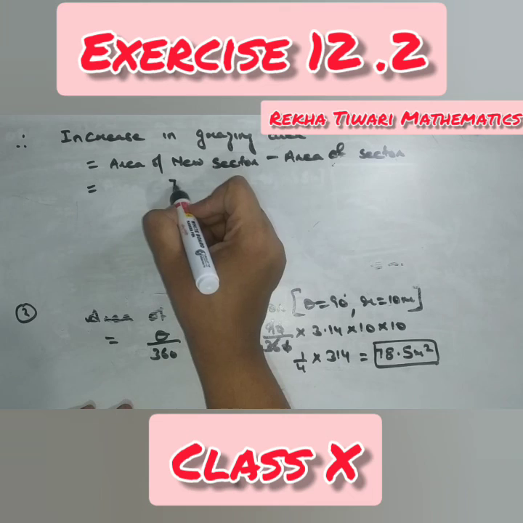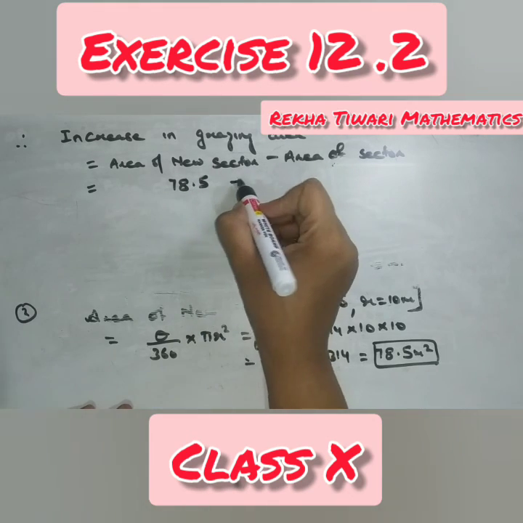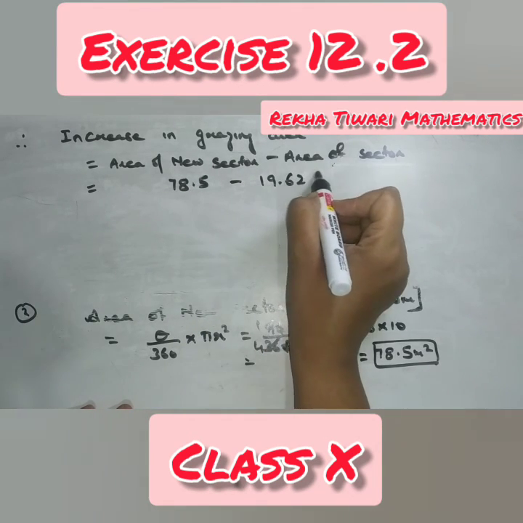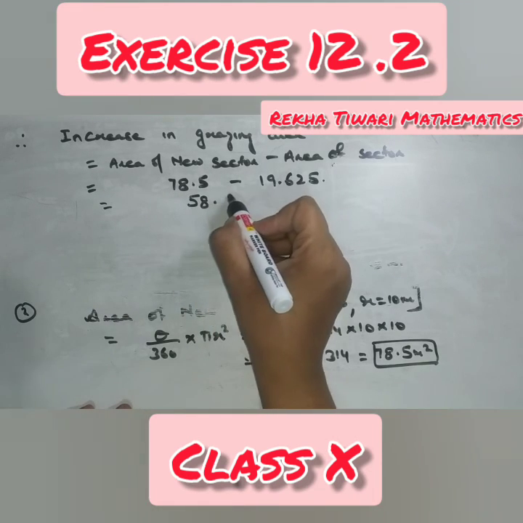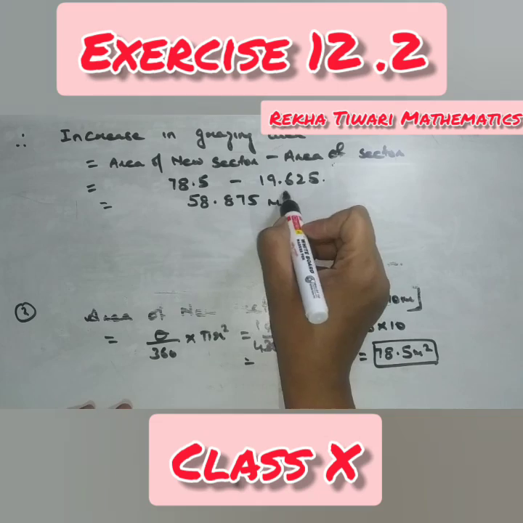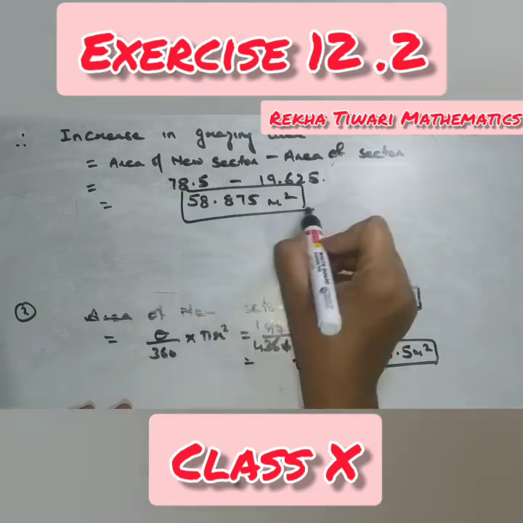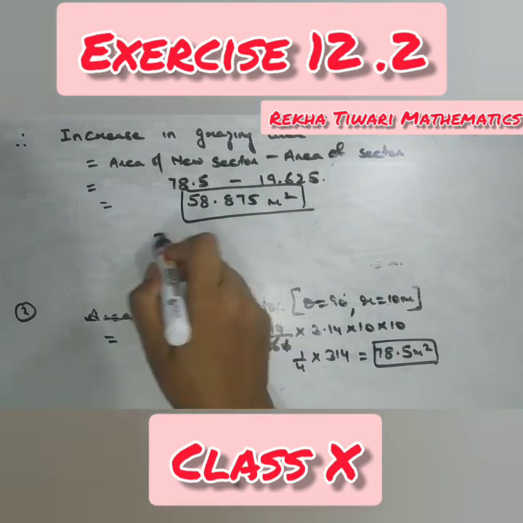So this is 78.5 minus 19.625, which comes out to be 58.875 meter square. So in this way you have to solve the questions.